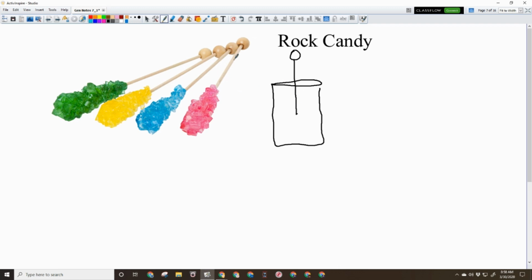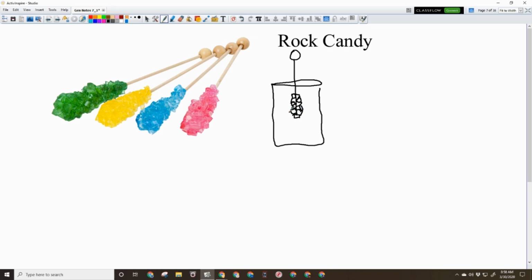But before they put the stick down in there, they'll get the end of it wet just a little bit, and they'll roll it around in some regular sugar. Then they'll put the stick down in there. And pretty soon, these big, huge sugar crystals will start growing on this. And for rock candy, it takes a little while, like maybe overnight or a couple of days.